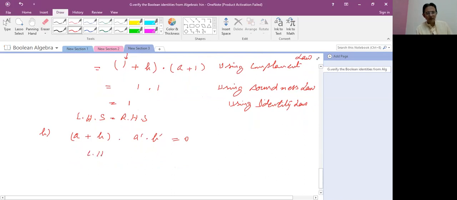So when we take in left hand side, student, (A plus B) dot A complement into B complement.